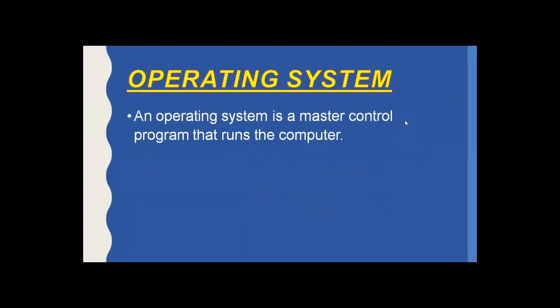Basically, we can say that it is a main program, a master control program of software that runs a computer. The main task of the operating system is that it runs the computer system. Without an operating system, a computer cannot run any type of program.